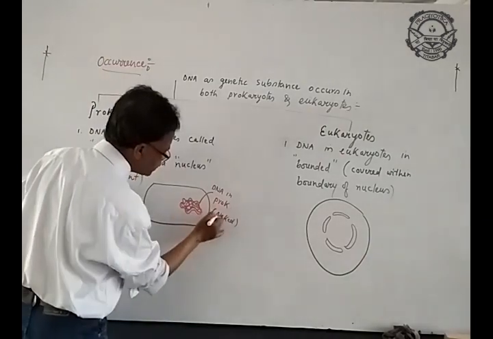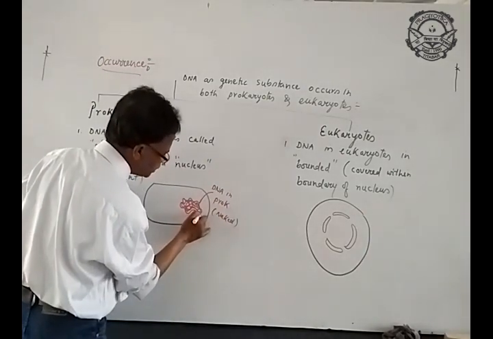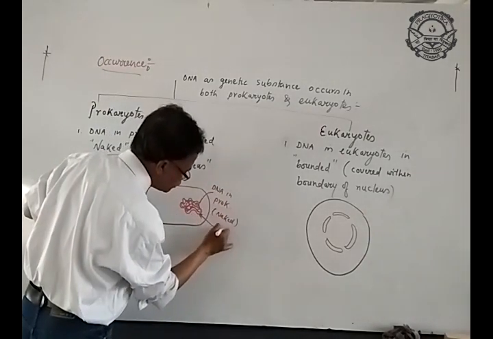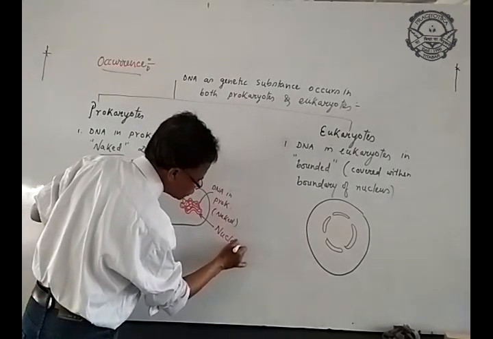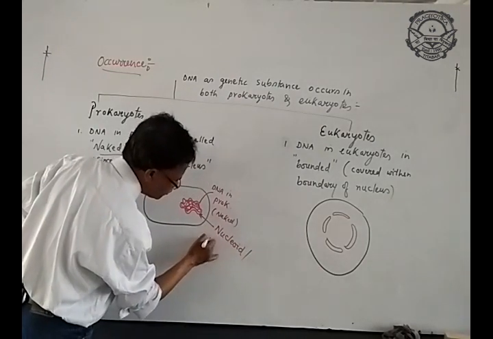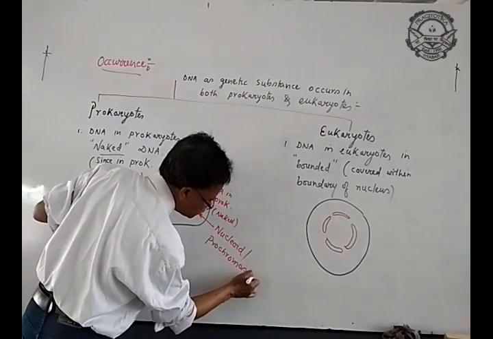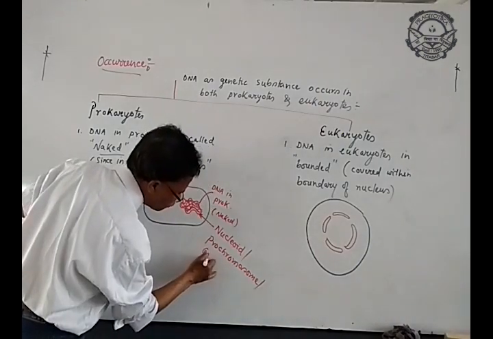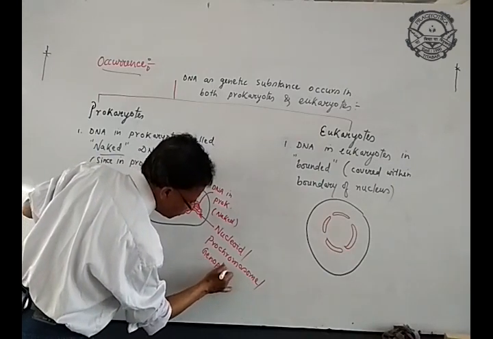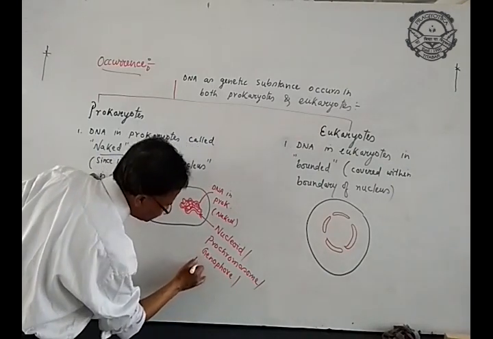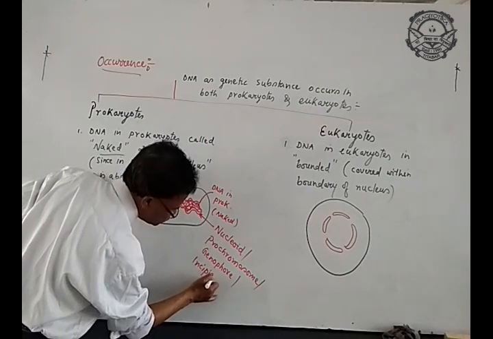The naked prokaryotic DNA is called the nucleoid, or prochromosome, or genophore, or incipient nucleus.